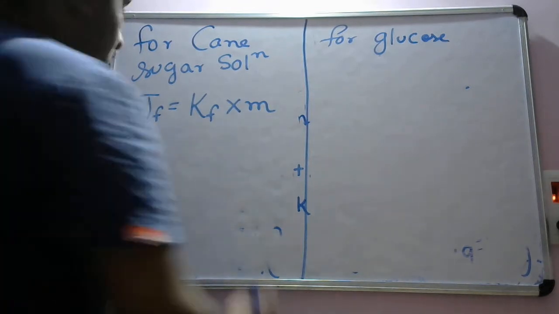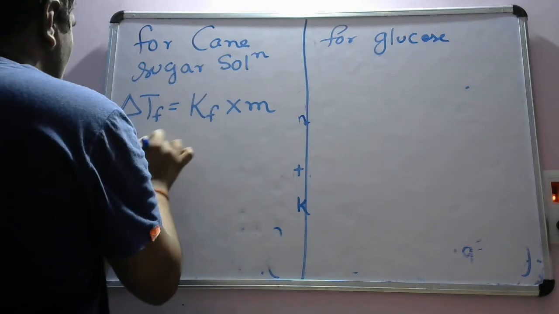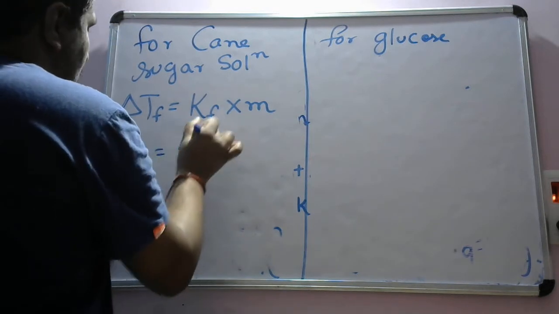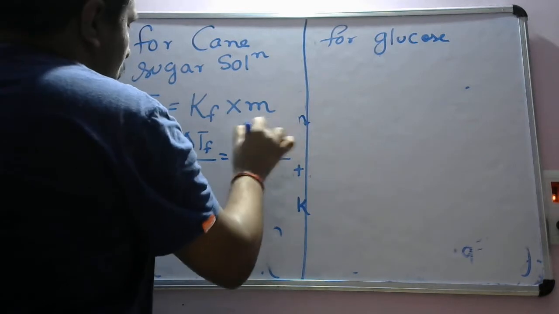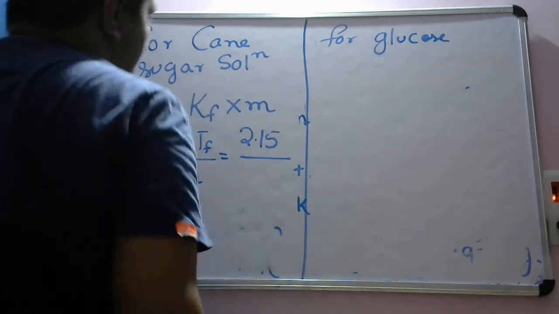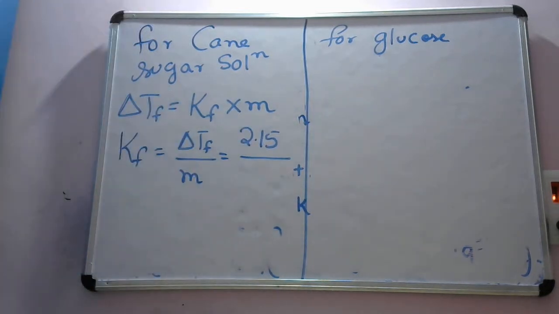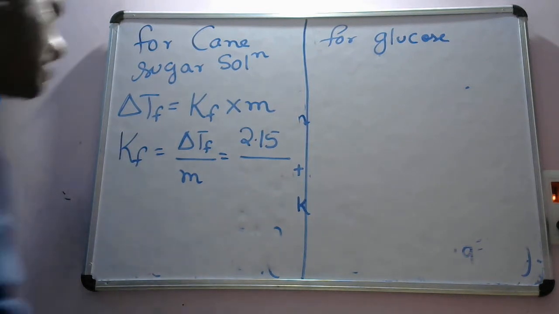Let us substitute. So the only unknown is Kf, that's equal to delta Tf by m. Delta Tf is 2.15. m we just calculated, that is 0.154. Okay, for cane sugar solution it was 0.154.